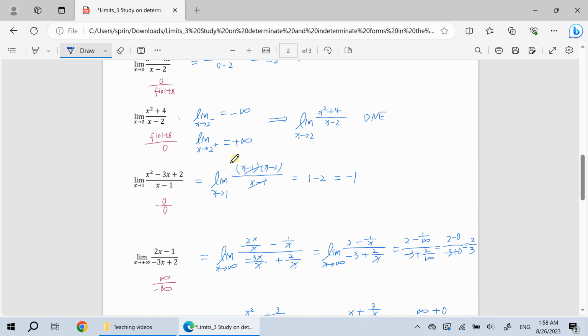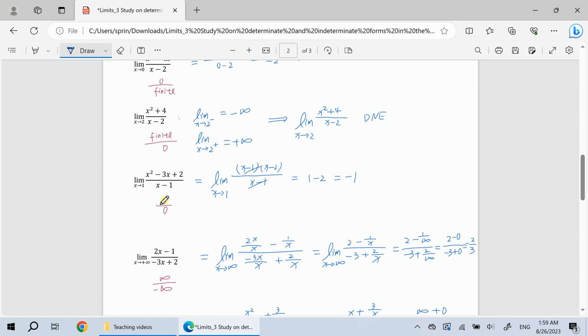So here, if x approaches 2 from the left side, very close to but still less than 2, this is negative. The top is always positive, right? Square plus 4. So the left limit is negative infinity, and the right side is positive. The limits of both sides are different, so the limit does not exist.